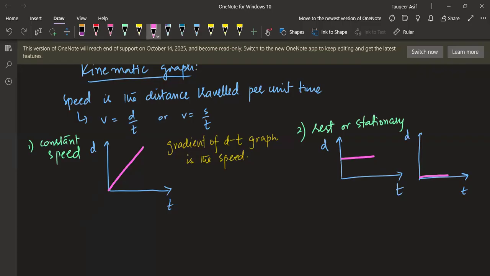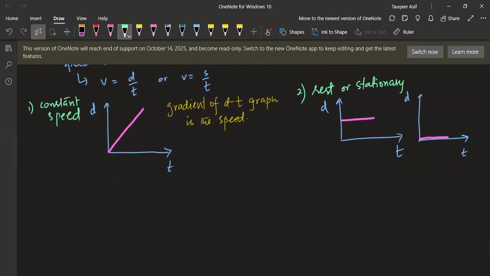The third concept is if the body is speeding up, and that means the body is accelerating.